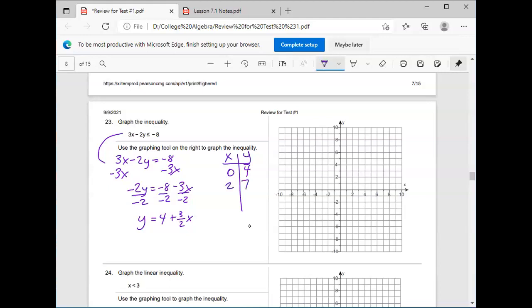So those would be 2 good points. If you're following along on the graphing calculator or on the Zoom, you need to put some coordinates that we can plot for 23 in the chat box. I'm going to go ahead and put 0, 4 and 2, 7.